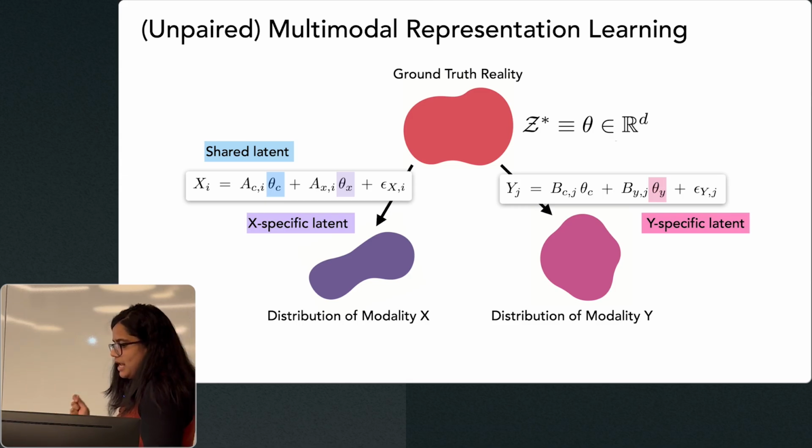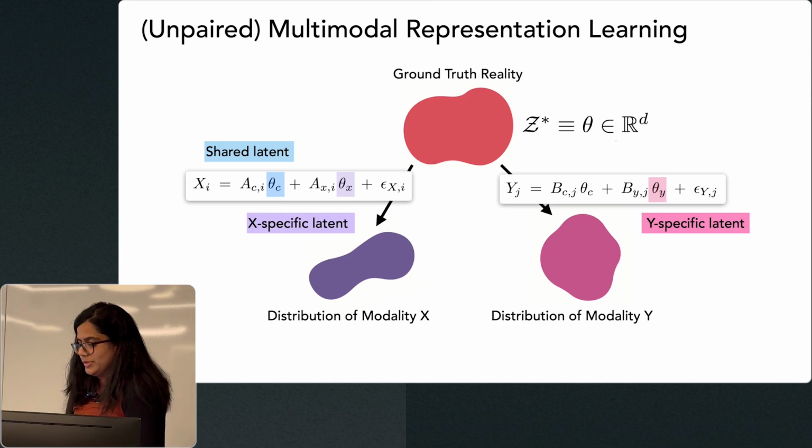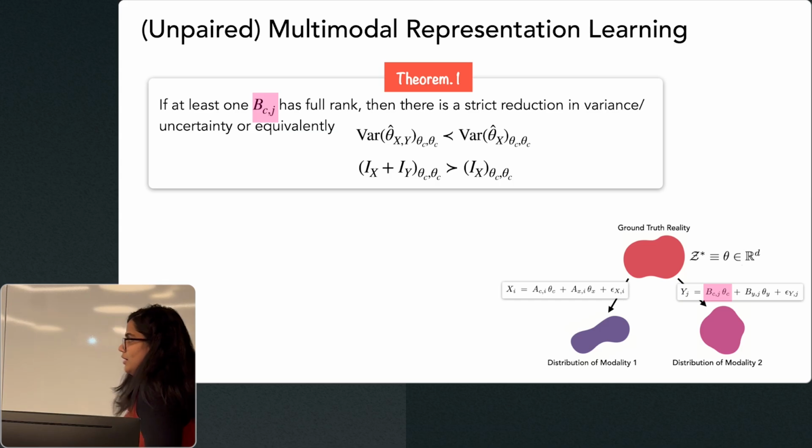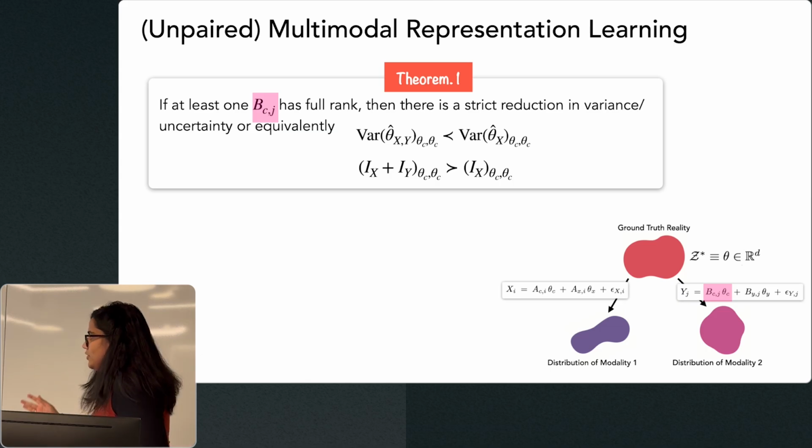So this particular formulation actually handles both the things. That is, both the modalities share some central information, which is theta c, about the world, but also have some modality-specific information. Now, under this particular data generating process and this model of the world, you can come up with very simple conditions under which even unpaired data from another modality can actually improve your model. And this is one of the results.